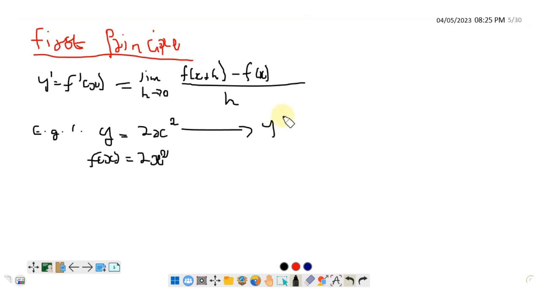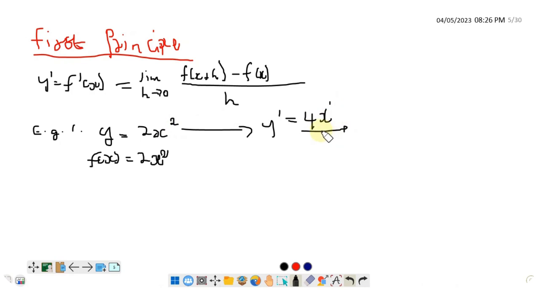So what I do is I derive it first using the power rule, and then I write that answer so that I know when I use the first principle, my answer should be exactly that. So 2x squared, when you derive it, it's going to be a times n, which is 2 times 2, which is 4x, and then the power is going to be n minus 1, which is 2 minus 1, which is 1.